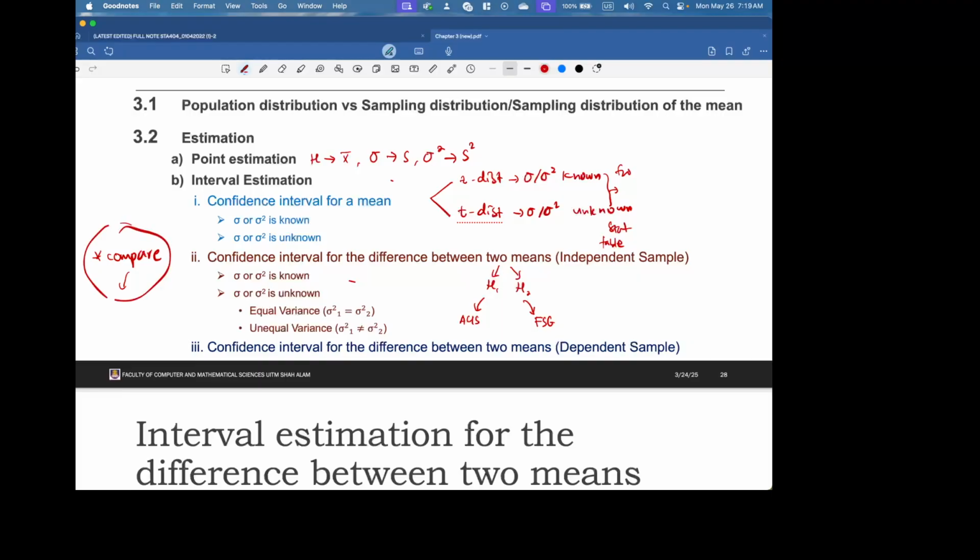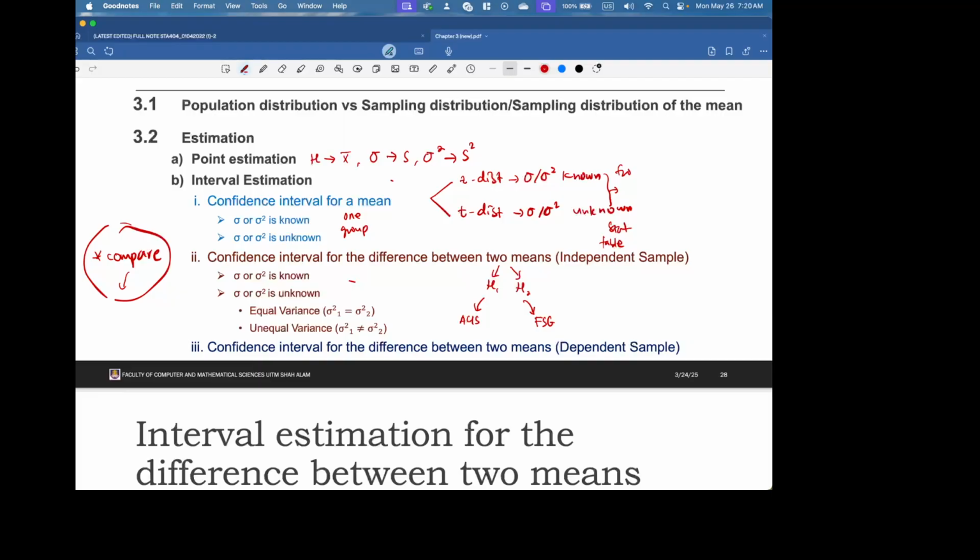In this particular situation, we call it the confidence interval for the difference between two means. As with the confidence interval for a single mean, which is only one group, we also have cases depending on whether sigma or sigma square is known or unknown.